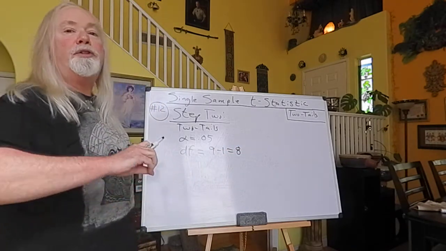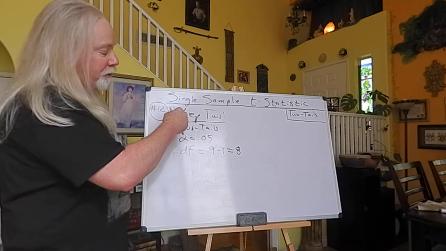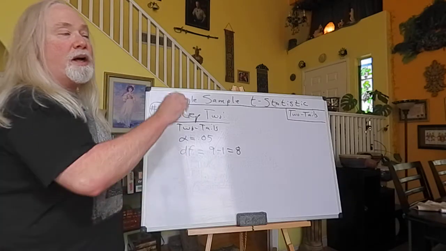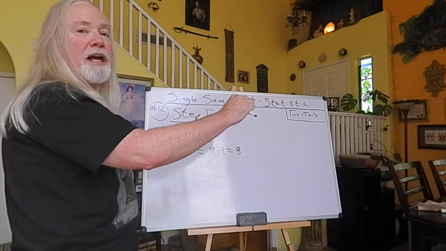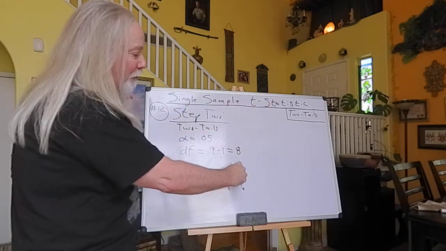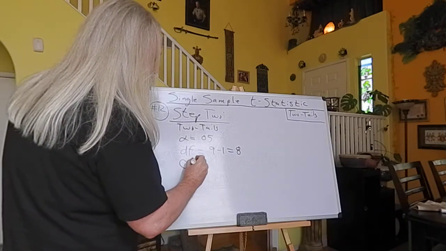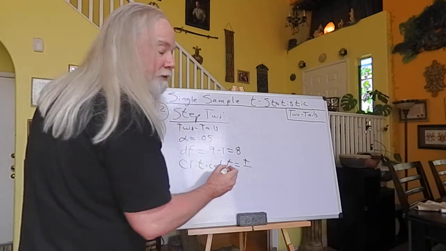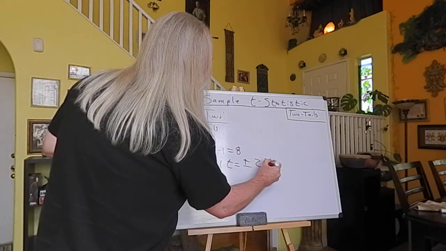So now you want to go to your T-distribution tables that we looked at before. You want to go down the degrees of freedom column on the left till you get to the number 8. Across the top, remember the first row is for one tail, the second row is for two tails. So go down to the second row and slide over to 0.05 and slide down to 8 degrees of freedom. And you should find that we have a critical T of plus or minus 2.306.